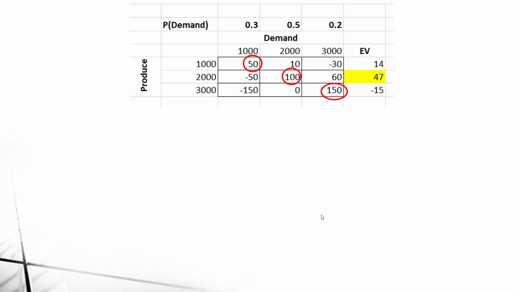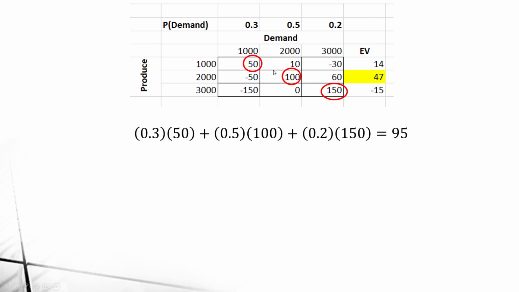So in this case, the highest payoff for each state of nature would be 50, 100, and 150. So what we could do, if we knew this ahead of time, is multiply each one of the probabilities by these values, and we get this value, 95.